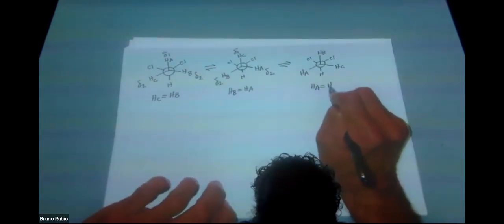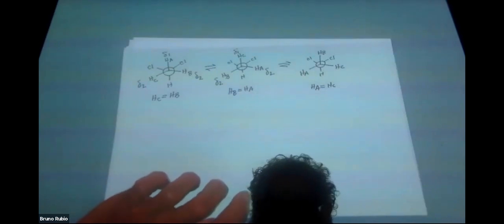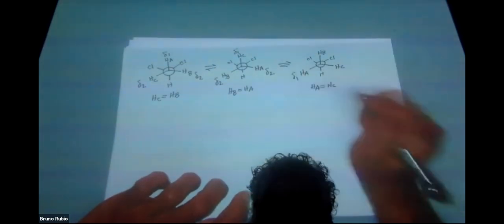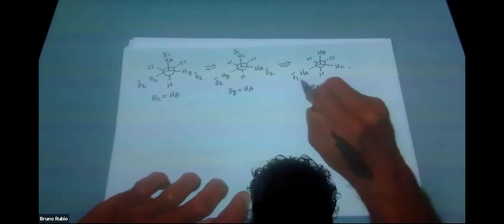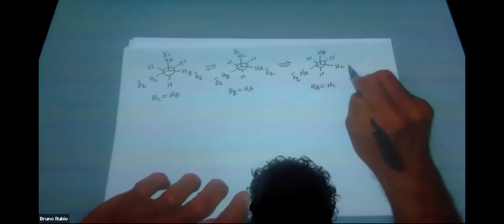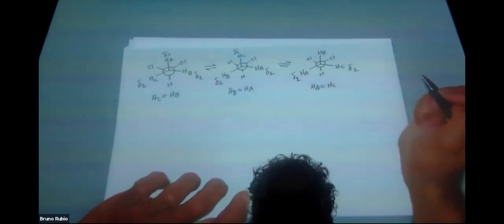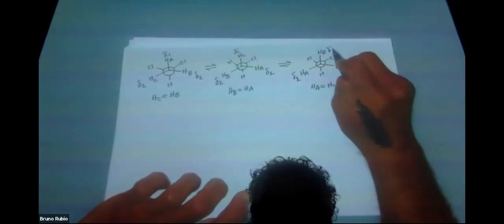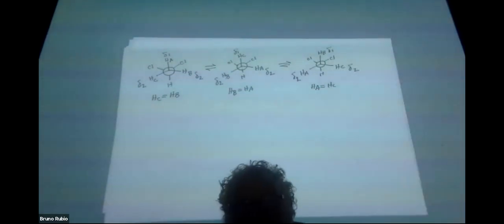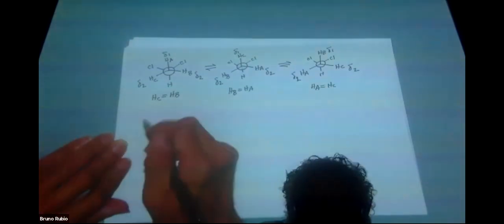The HA is symmetry equivalent to the HC, and HA has chemical shift delta 2. HC has chemical shift delta 2, and HB has chemical shift delta 1. Okay, so that's the analysis of the chemical shifts. Now let's collect results.